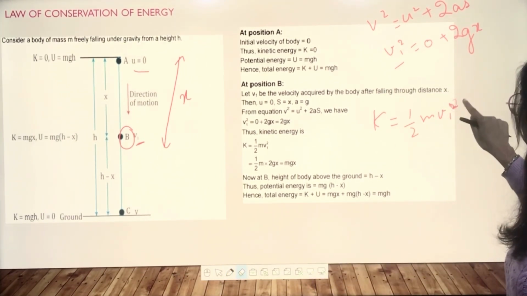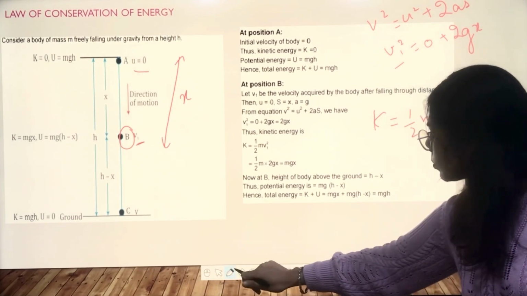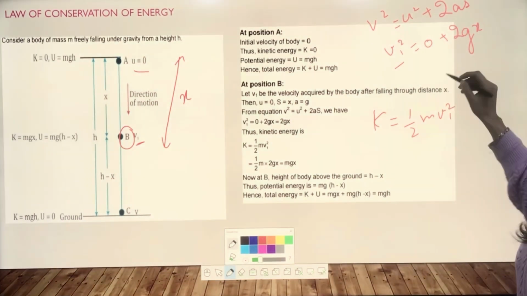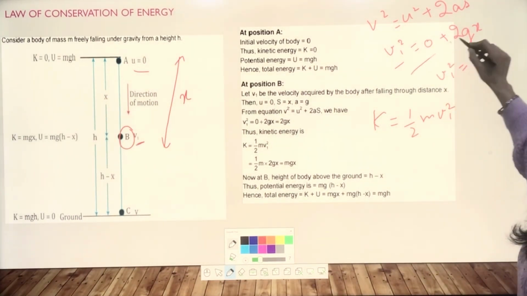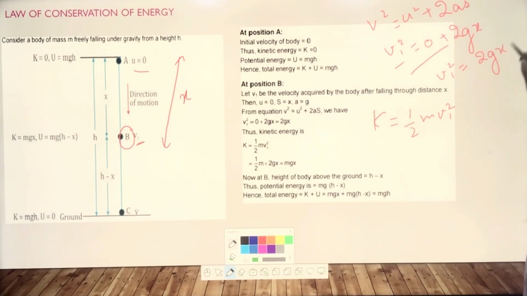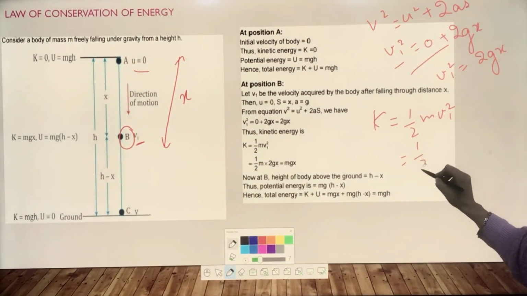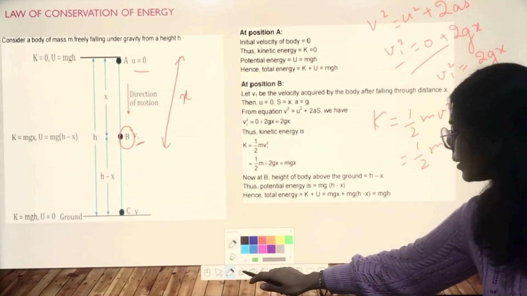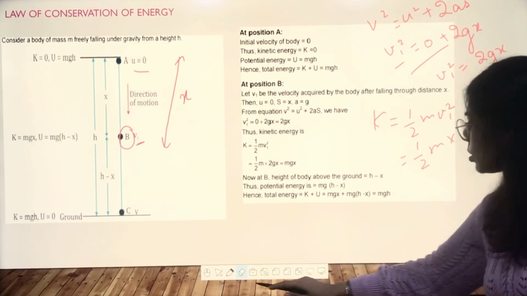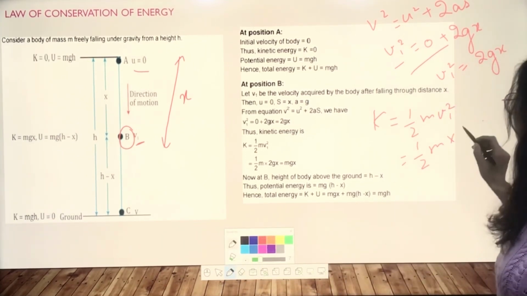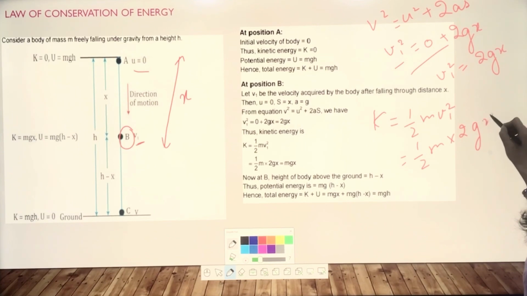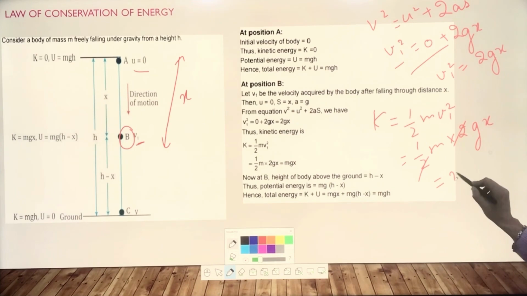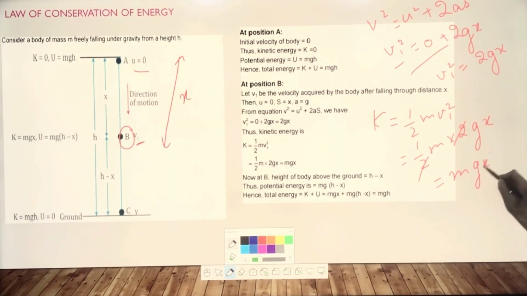And v1 square, which we have calculated here, is equivalent to 2gx, so it is half m into 2gx. Now 2 and 2 will be cancelled over here, and the value of kinetic energy will be equivalent to mgx.